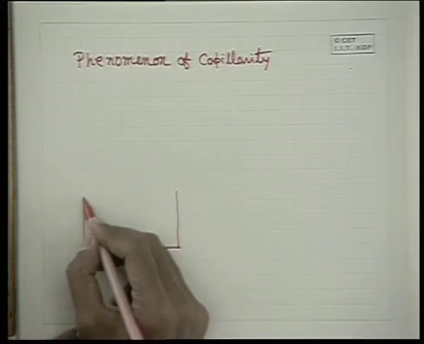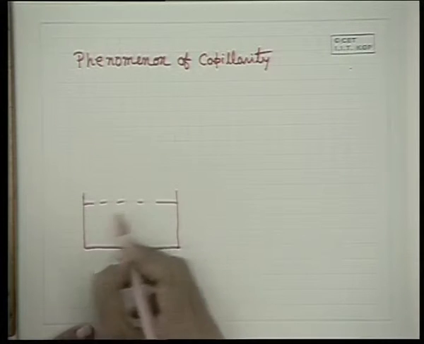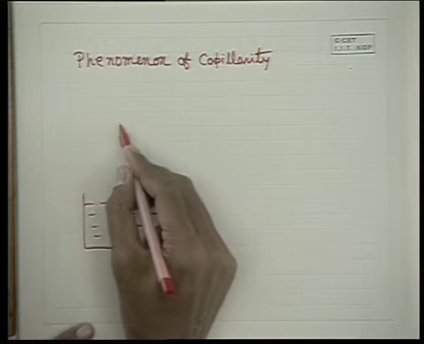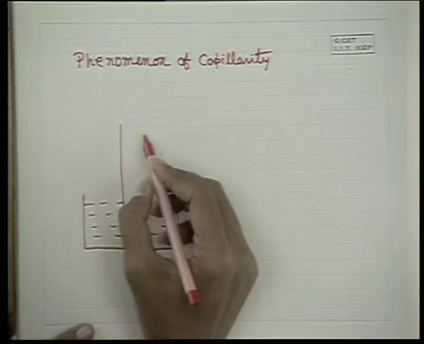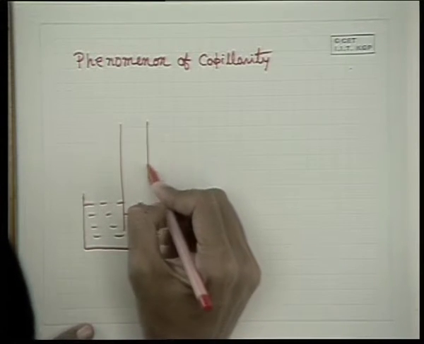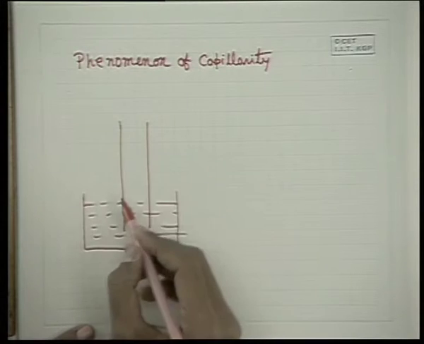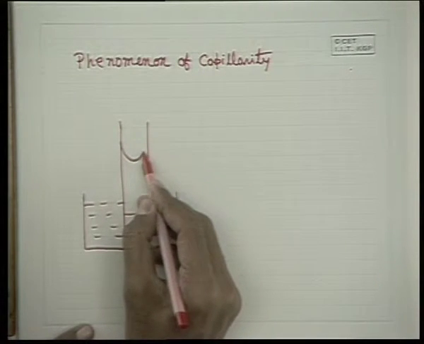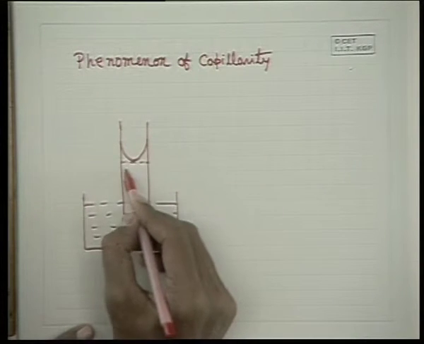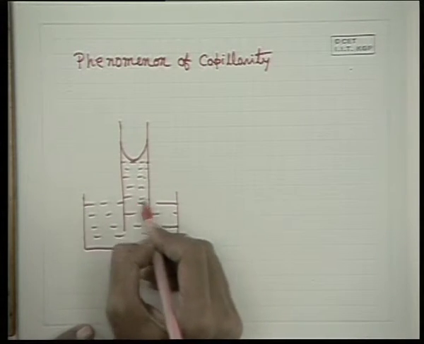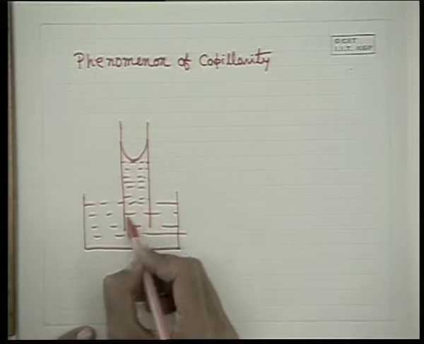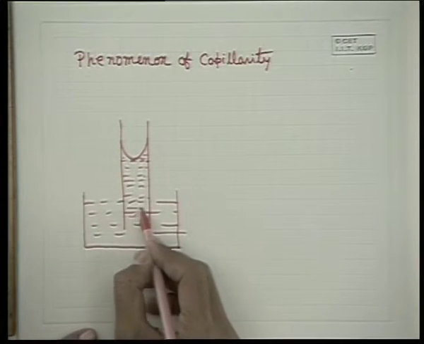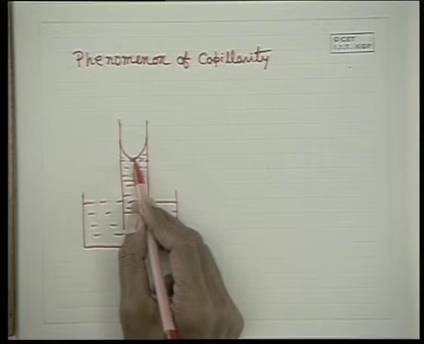If we take for example water, or any liquid, and dip a tube, you will see the water takes an interface like this. An additional height of water is raised like that. Now, who is responsible for holding this additional height of water?